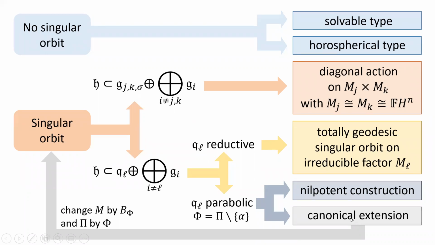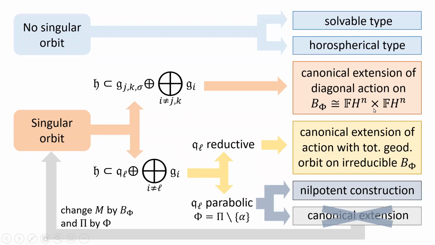more canonical extension. Okay, so what you have to do is in these three possibilities add canonical extension of what we had before. More precisely, canonical extension of a diagonal action on a reducible boundary component of this type. Canonical extension of an action with a totally geodesic singular orbit on an irreducible boundary component.